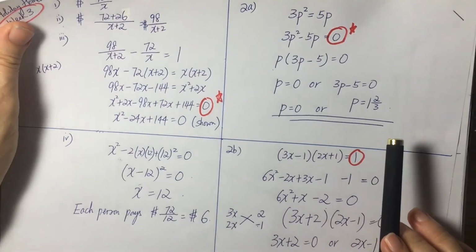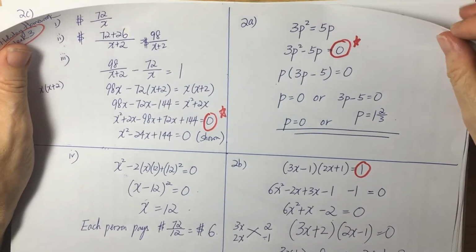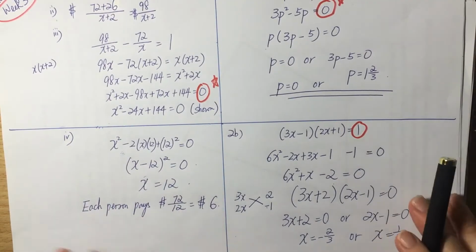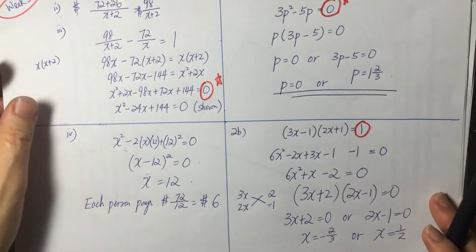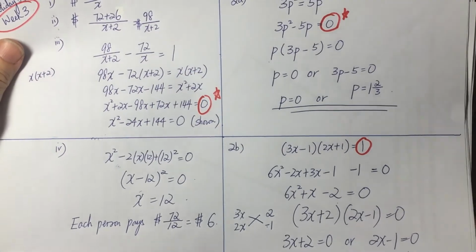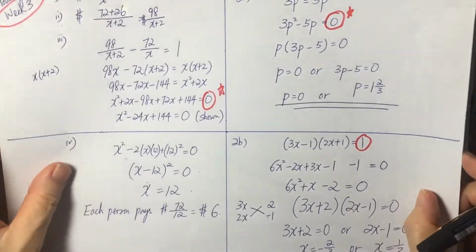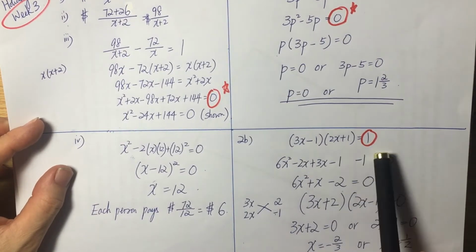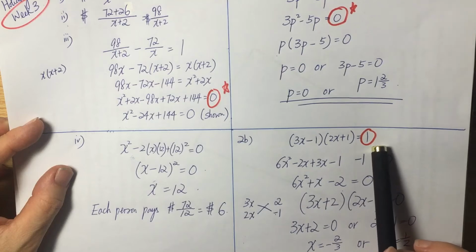Okay, next question, also solving an equation, but now you can see that on one side it equals 1. Since it equals 1, if we have an equation like this, we will never have 1 on one side.